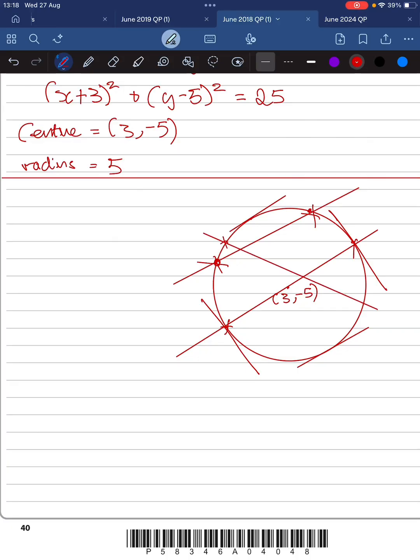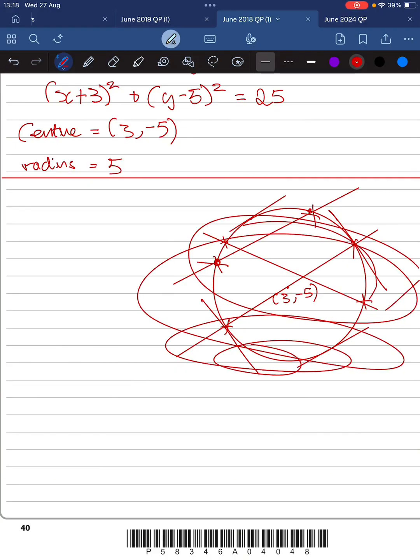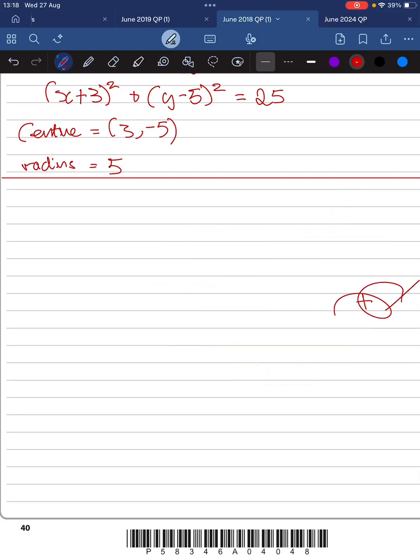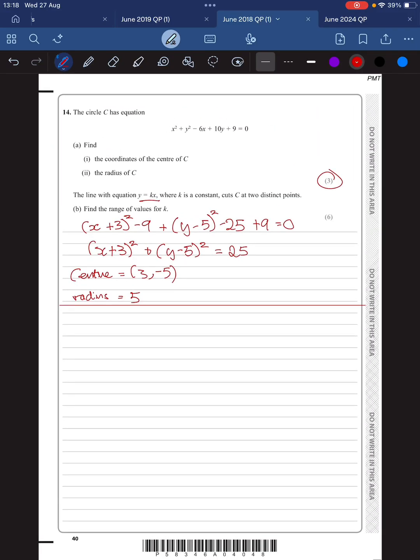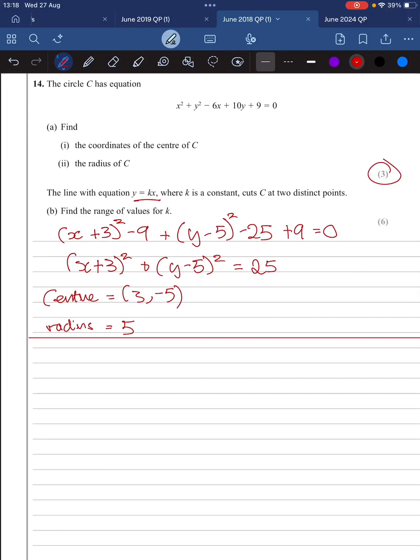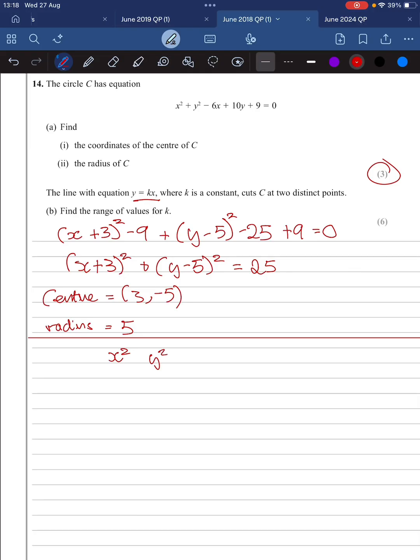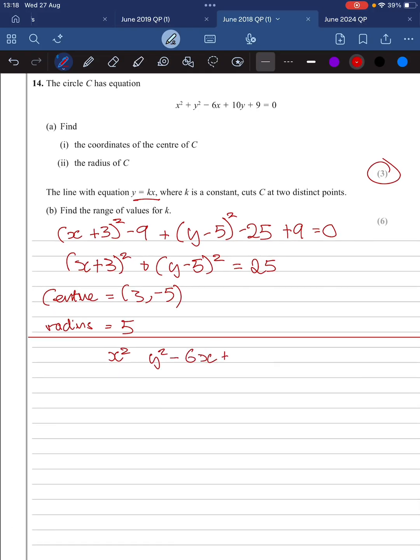We don't exactly know what values k is, but we can find the range of values, and the way we do that is quite interesting. Okay, so the first thing we would do is, because we're told that y equals kx, with this equation, x squared plus y squared minus 6x plus 10y plus 9, we can plug in the value kx, right?